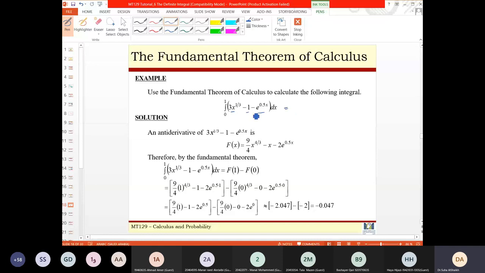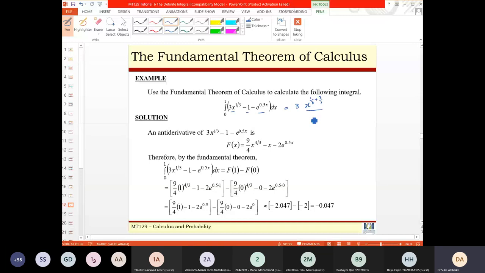So the integration of 3x to the power 3: the 3 is a constant, and here I will have x to the power 3 plus 1. When it's plus 1, I'm going to write it as 3 plus 1 here to make the calculation easier, divided by the same amount, which is 3 plus 1.